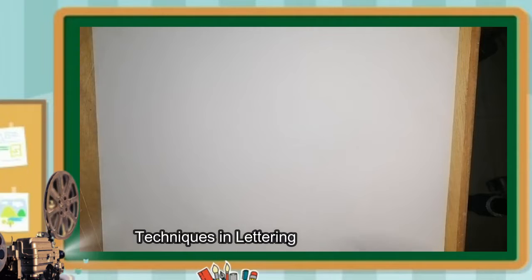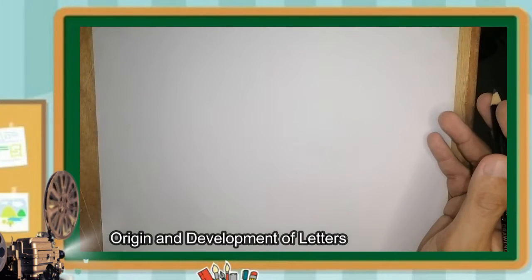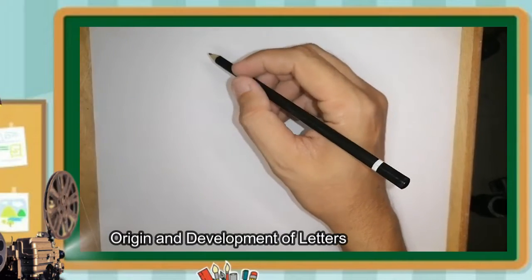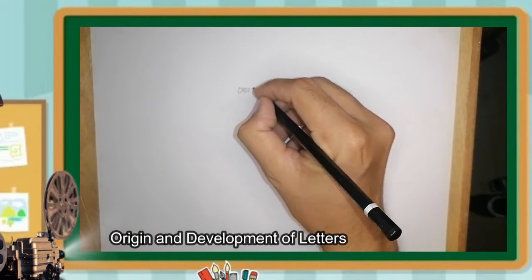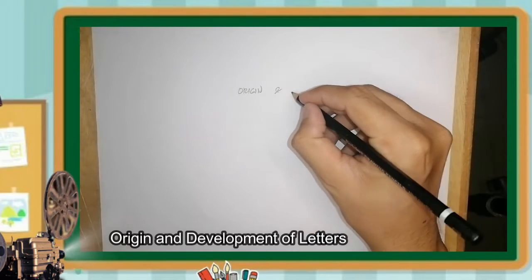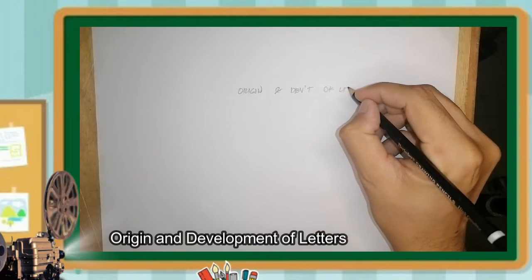So before we discuss the techniques on how to create lettering, let us first discuss the origin and development of letters. So i-discuss natin kung saan nagsimula ang mga letters, no? Yung tinatawag natin na origin and the development of letters.